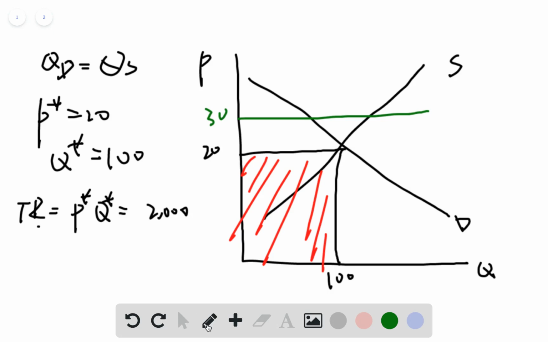So if the market price is $30, we can check on the table. When P equals $30, the quantity demanded is only 80, but the quantity supplied is 180, right?